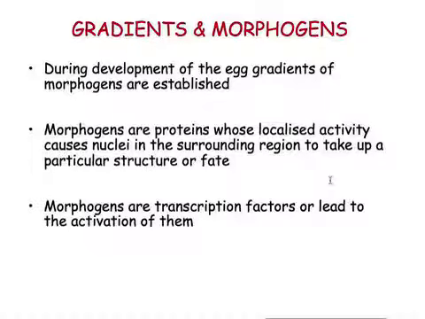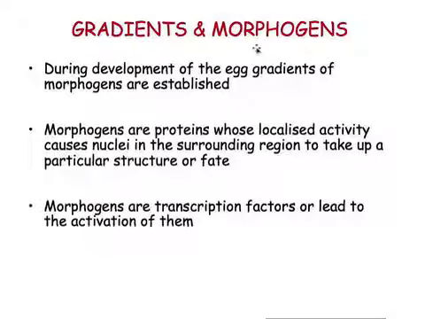So effectively, we're talking about gradients of factors that affect development. These were initially referred to as morphogens because early researchers didn't know what they were. They were just factors that affect development. They were called morphogens because to morph something is to change something. We now know that these morphogens are transcription factors.